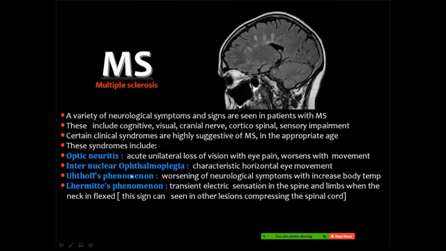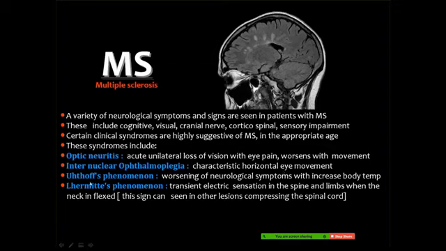Then these are some of the syndromes that can help you to spot the diagnosis of MS besides the characteristic appearances on MRI. Number one, the presence of optic neuritis. This is usually acute unilateral loss of vision with eye pain, which is worse by movement. Number two is internuclear ophthalmoplegia with characteristic horizontal eye movement.